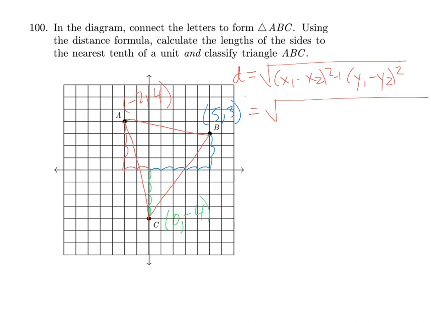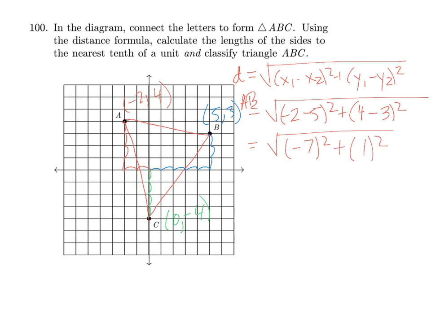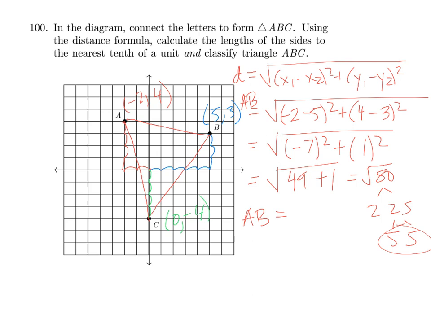Figuring out AB, I'm going to have -2 minus 5 squared plus y1, which is 4, minus y2, which is 3, squared. Then I have -7 squared plus 1 squared. So I end up with 49 plus 1, which is the square root of 50. So I have 2 times 25, and I have 5 times 5. All right, so I end up with AB, which is 5 square root of 2.